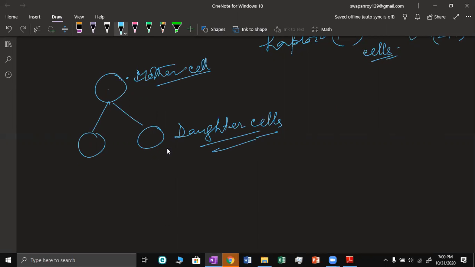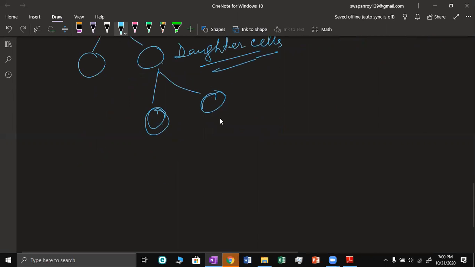This daughter cell again, what will happen? These daughter cells will again grow, mature, and then again they will divide. The next generation cells will form, and these next generation cells also will grow, and when they reach maturity they will again divide.